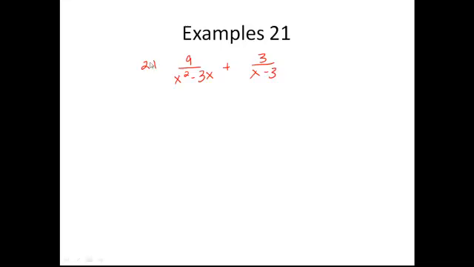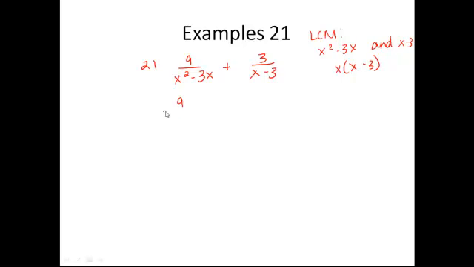So going back to 21, and now using the LCM that I have just found, the LCM of x squared minus 3x and x minus 3, what it turned out was it was x times x minus 3. We found the LCM. We circled what they had in common. After we completely factored them, we circled what was in common and boxed what they did not.